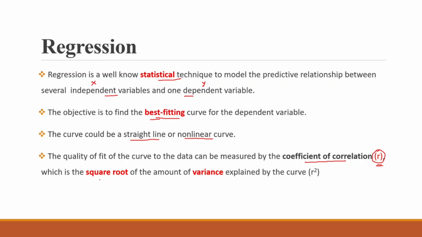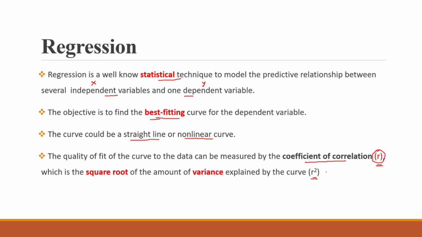R is nothing but the square root of the amount of variance explained by the curve, which is known as R square. So if I have R square, I should be able to calculate R, and if I have R, I should be able to calculate R square. These are the two measures for evaluating the model. The first one, R, is mainly used to determine the quality of the fit, and R square is normally used to evaluate the goodness of the model that is used to predict the dependent variable.